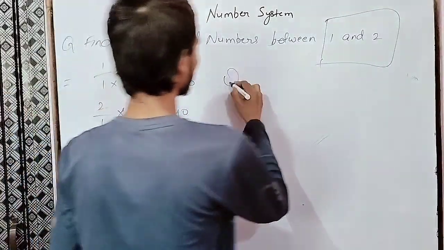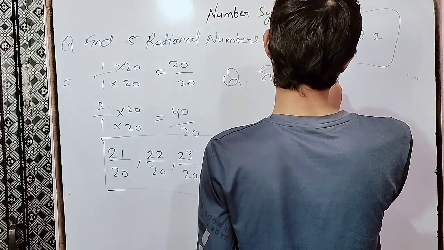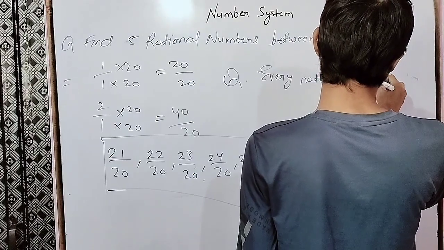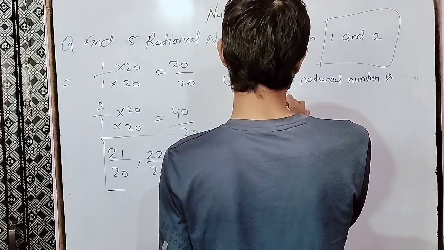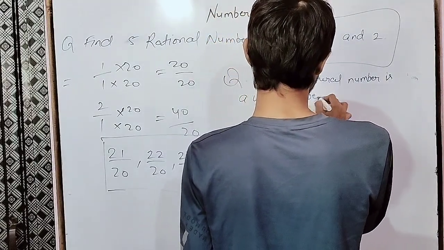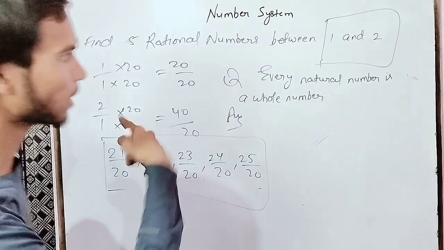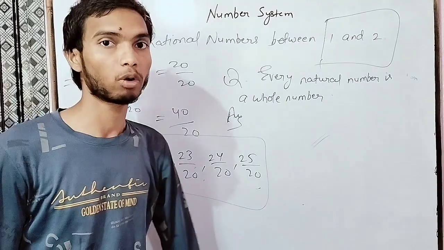Now tell me, the next question is: every natural number is a whole number. How can you say that every natural number would be a whole number?